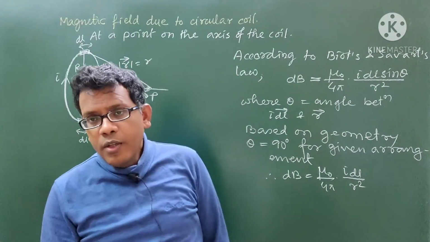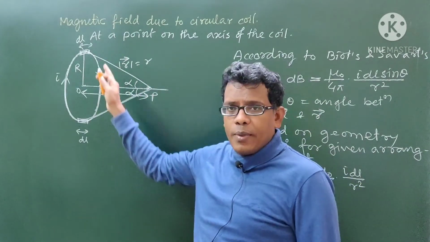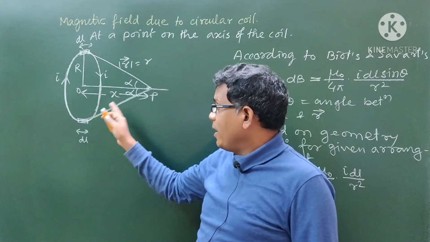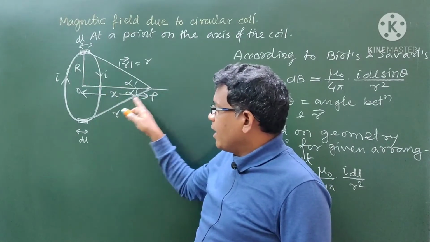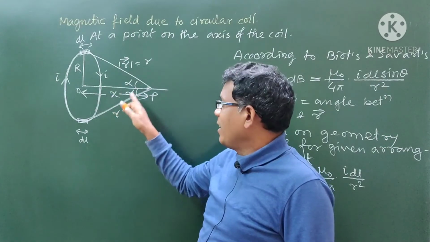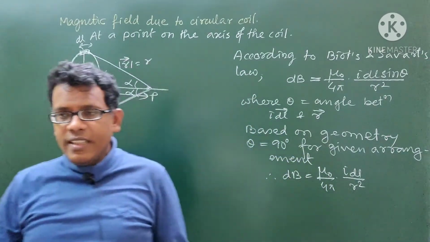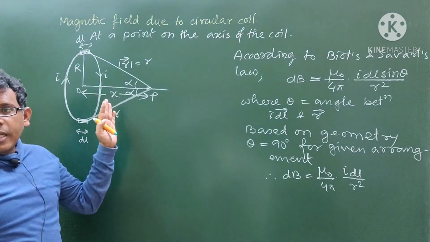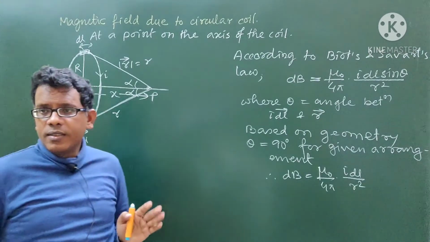So we can see a symmetrical arrangement for one set of diametrically opposite current elements. The lines joining the current elements to point P, both being identical slant lines, make equal angle alpha with the axis. Is that clear? So till now the geometry part is clear.